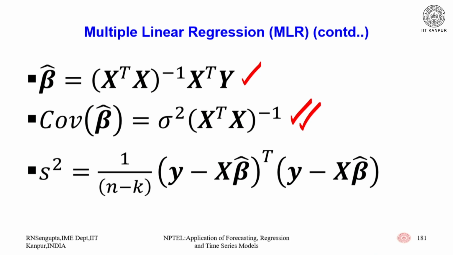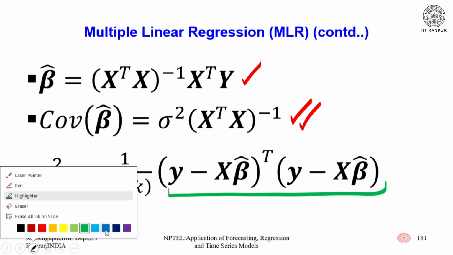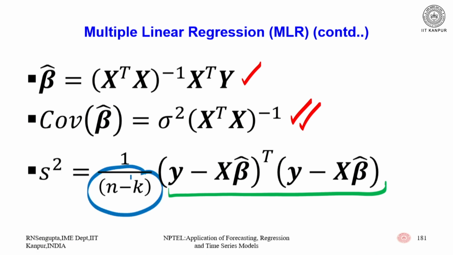The last one is S square, the error estimate, which is the square of the error divided by n minus k, where k, as I have explained many times, is the number of independent variables, which affects the degrees of freedom loss. Hence it becomes n minus k.